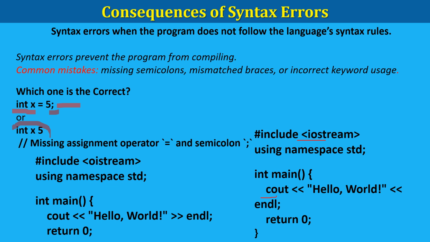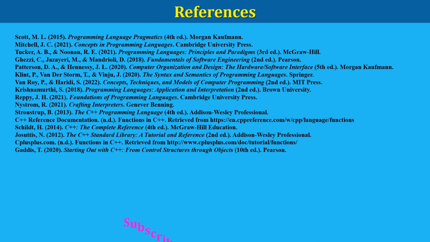The main function is declared as int main, and inside the function the statement cout hello world outputs text to the screen. Each statement is properly terminated with a semicolon, and the program ends with return 0, signaling successful execution. These are references.